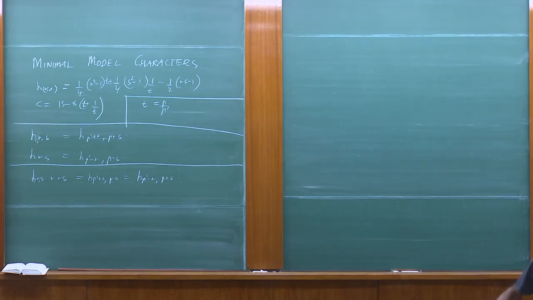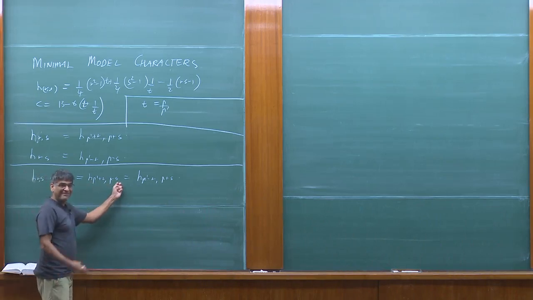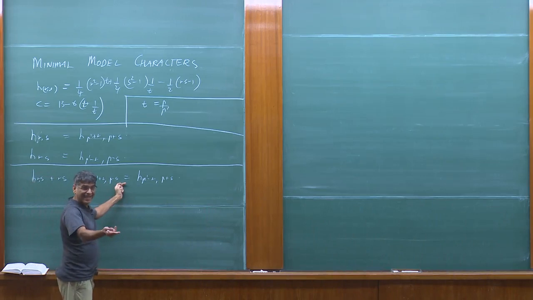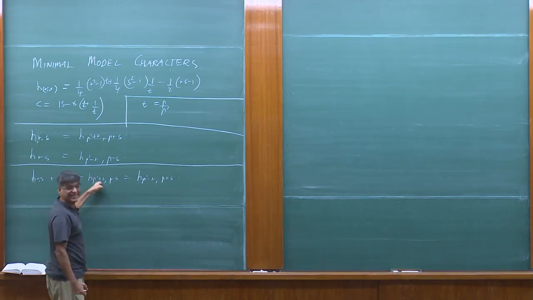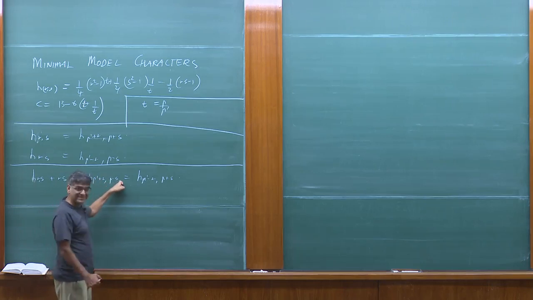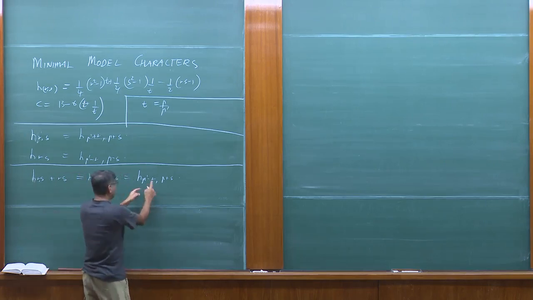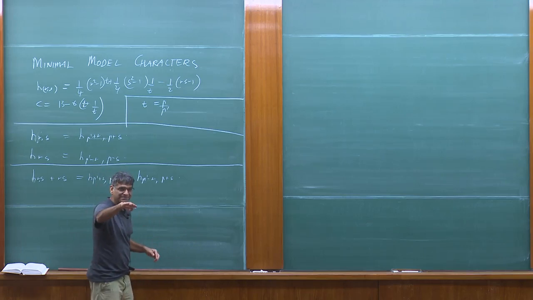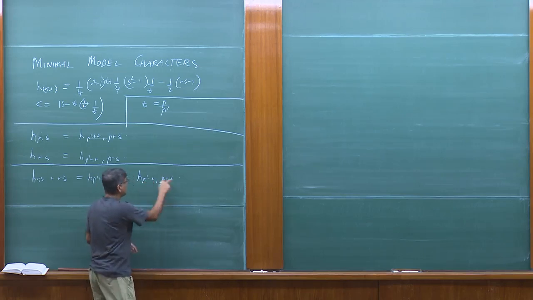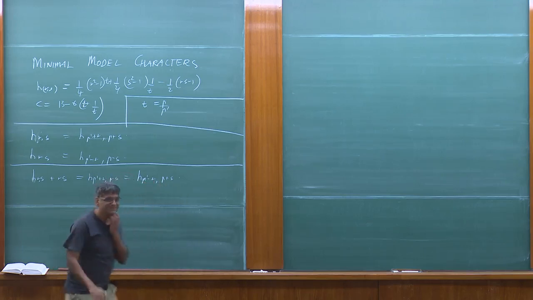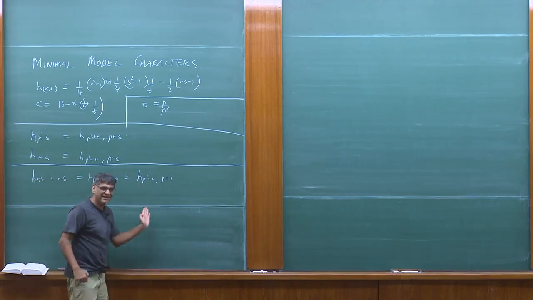Is this clear? So this null state will have a null state at descendant level above its dimension, (P prime plus R)(P minus S), and have another null state at level above its dimension, (P prime minus R)(P plus S). Okay, that's why there were two ways of writing this.